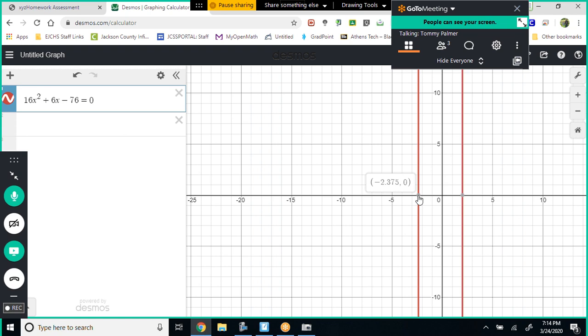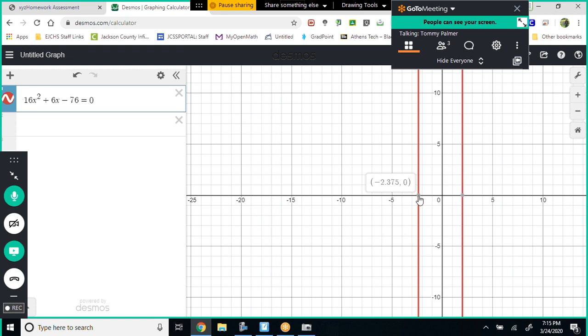Okay, so that's really what it's doing. And you can validate. You just type it in, graph it, and as long as it's set equal to 0, it'll tell you those points. It'll validate what you've got. And it's a really good tool, Desmos is. So I recommend you using it if you want to check your answers and stuff like that.